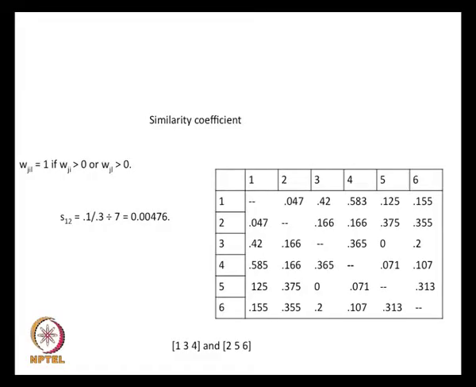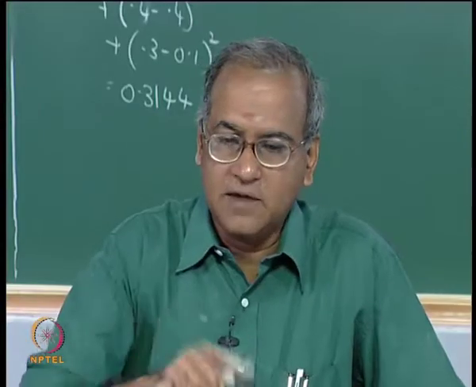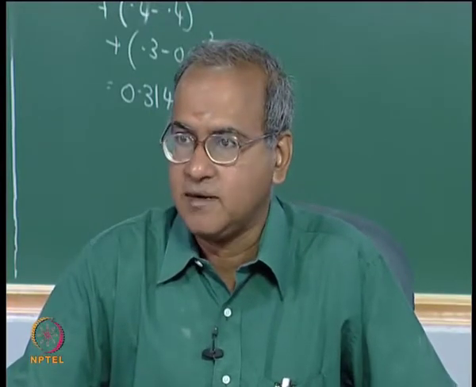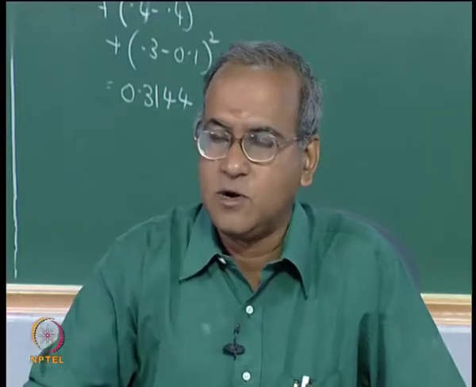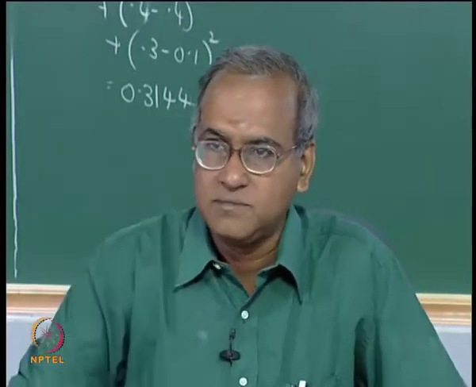Now, with this similarity coefficient matrix, we can now form cells. And now we realize that 1 to 3 is 0.42, 1 to 4 is 0.583, 3 to 4 is 0.365. So, we will begin with 1 to 4, which is the highest, 0.583, then we add 3, that 0.42 we add. So, 1, 3 and 4 will become one cell.